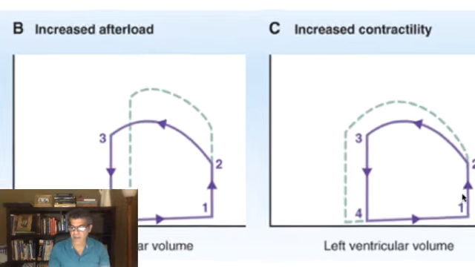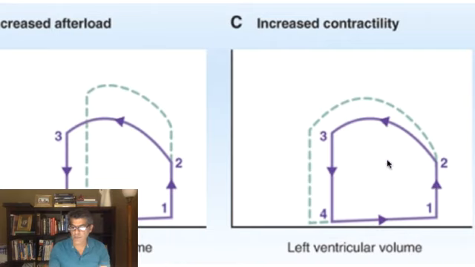And finally, if you see that the curve is moving more toward the left, that means lots of blood is going out. Do you see that? Between 2 and 3, we said is what? Ejection phase. You can see lots of blood is going out. And by the time you go through the isovolumic relaxation, you have less blood inside the ventricle.